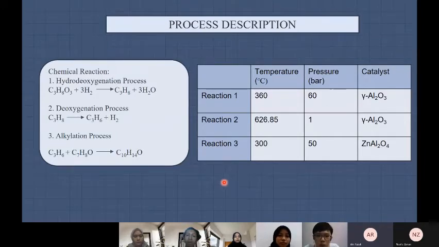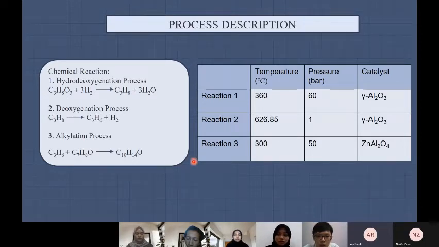For the process description, basically we have three chemical reactions, which are the hydrodeoxygenation process, deoxygenation process, and alkylation process. In the first process, glycerol reacts with hydrogen to produce propane and also water. In the second, propane is converted into propylene and hydrogen. And in the third, propylene reacts with glycerol to produce our main product, which is Thymol.